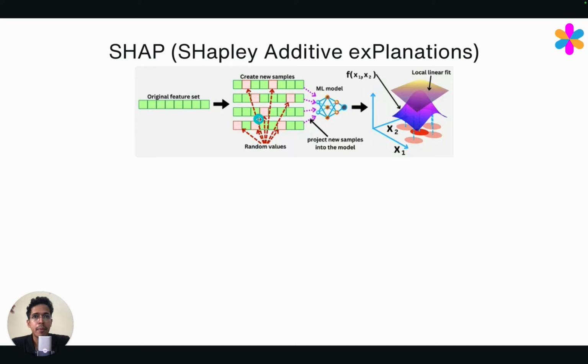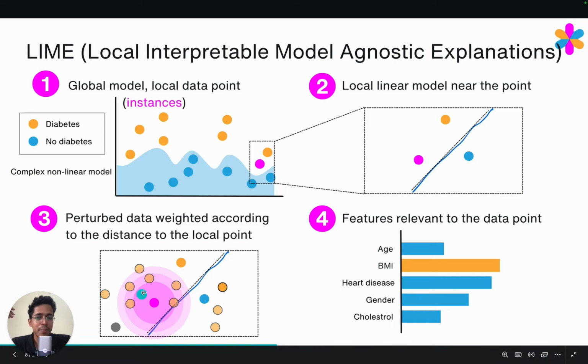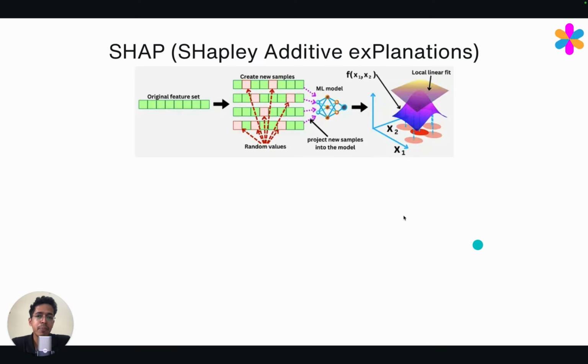So if we are replacing a particular patient's BMI and blood pressure with random values, the other features like cholesterol level are actual values, but whichever is replaced is a random value. And this is how we create perturbations. So in LIME we were creating perturbations by changing the feature values. So here in SHAP also we do that, but we only replace some features each time.